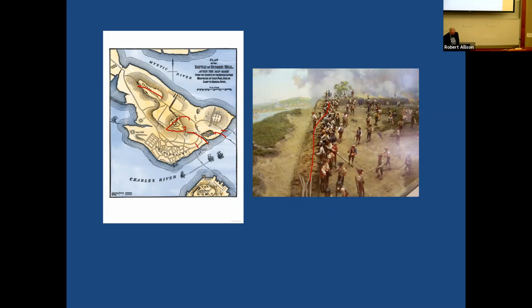So you have this devastating fire at the top of the hill, and the British forces retreat down to the bottom of the hill. And then they reconnoiter. They decide to make another assault. Now, meanwhile, while this is happening, over here in the north end of Boston at Copp's Hill, General Clinton is watching this happening, this British force marching up the hill, getting mowed down, retreating.